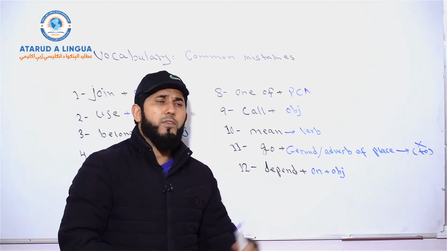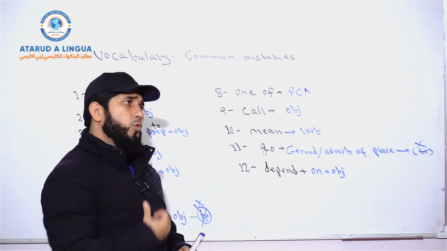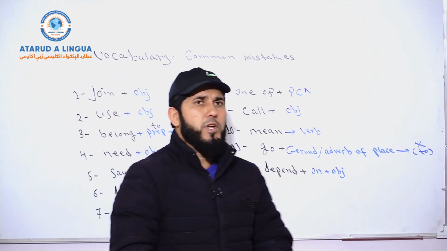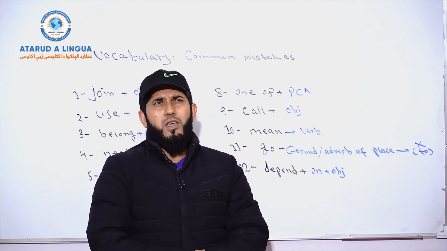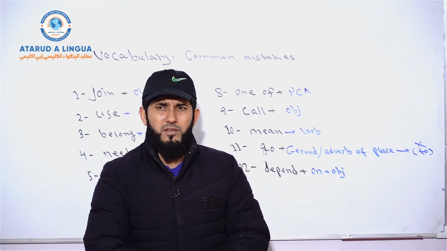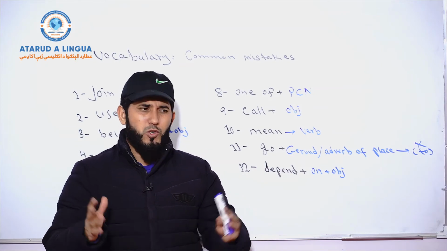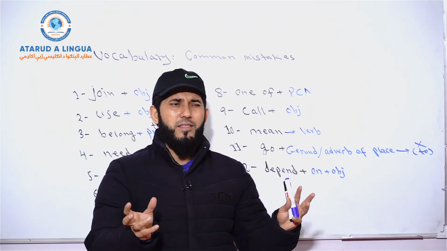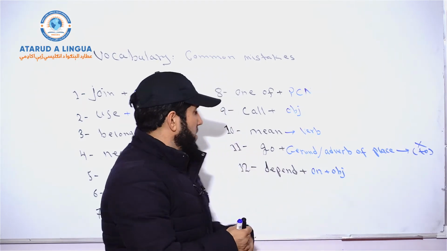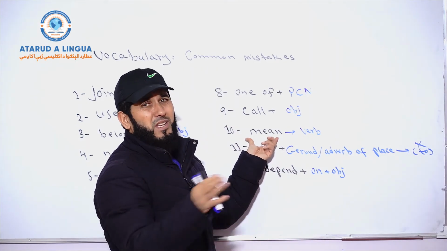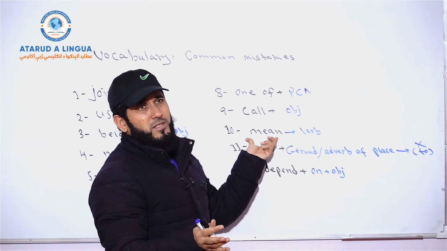Mean. I've also heard this word used incorrectly. For example, they say, "my mean is." Actually, I think they mean that "my purpose is." If you say "my purpose is," they use it as a noun, "my mean is," okay? Which is not correct, okay?